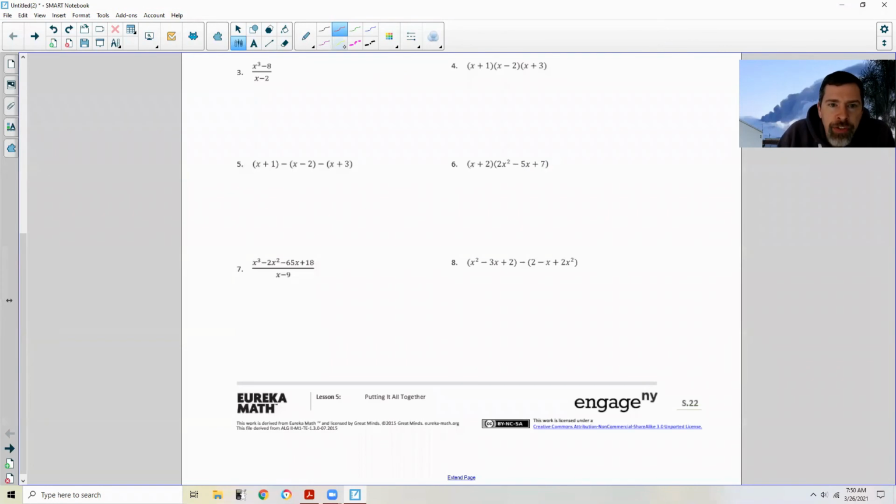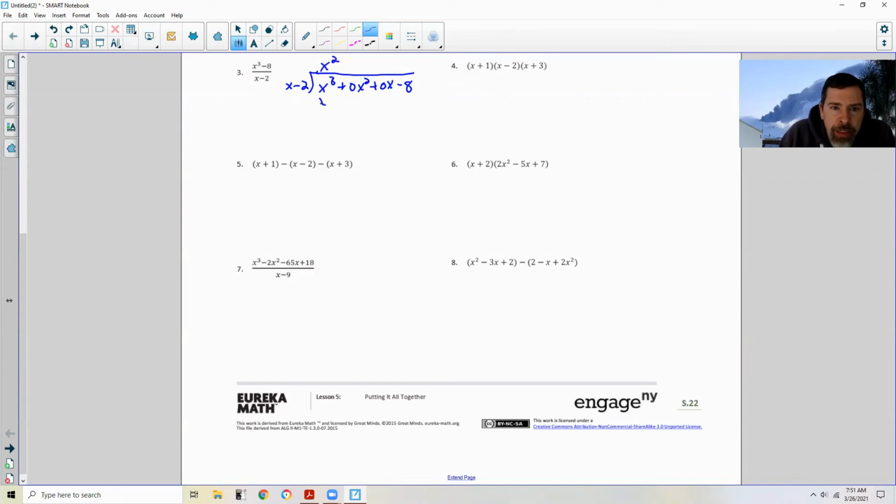Okay, this one is division. Don't forget your spacers. So I'm going to take, and I'm going to have x minus 2. And then I'm going to put x cubed plus 0x squared plus 0x minus 8. Okay, you need all of your terms. So x cubed divided by x is x squared.